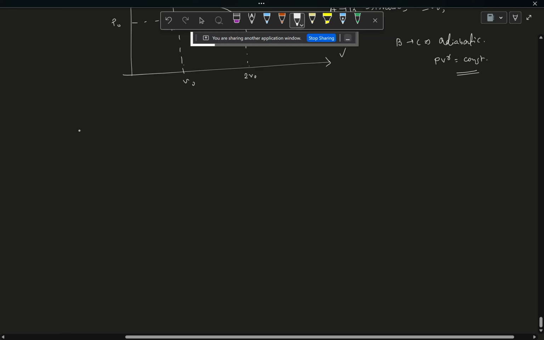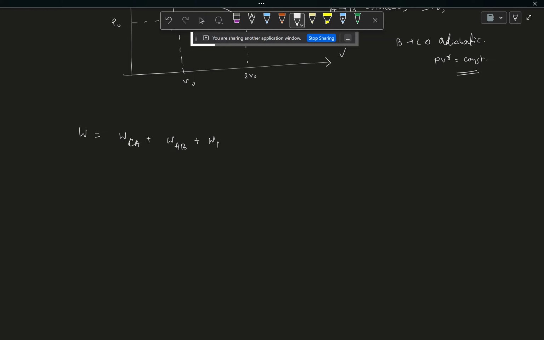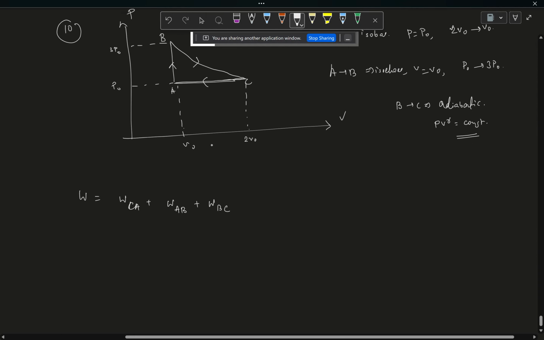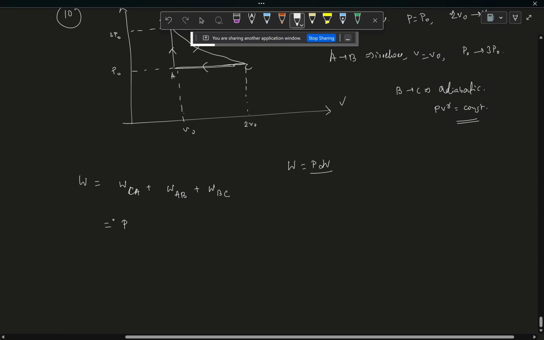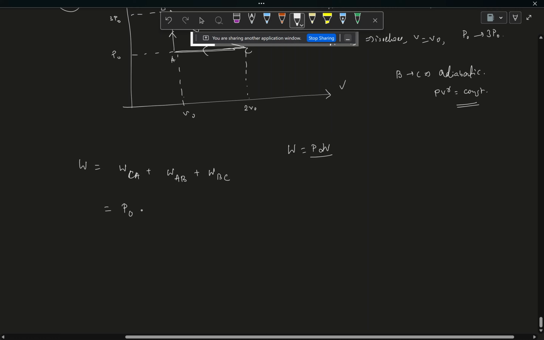Now first you have to calculate the total work done. That will be a summation of WCA plus WAB plus WBC. Now WCA is where the pressure is fixed at P0, and you know that the W formula is PdV, simply pressure into volume change. So along CA the pressure is fixed at P0, but the volume is changing from 2V0 to V0.